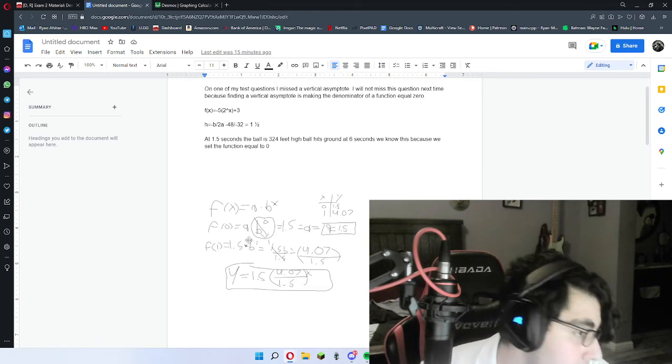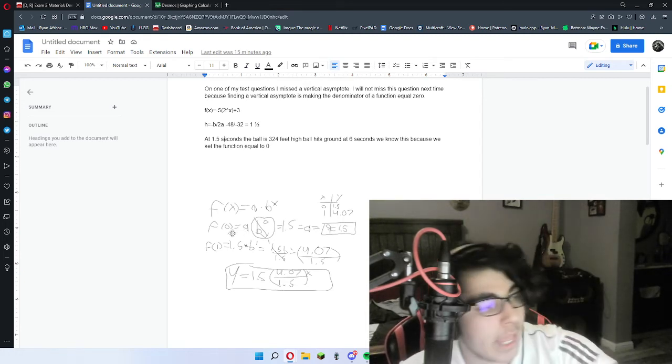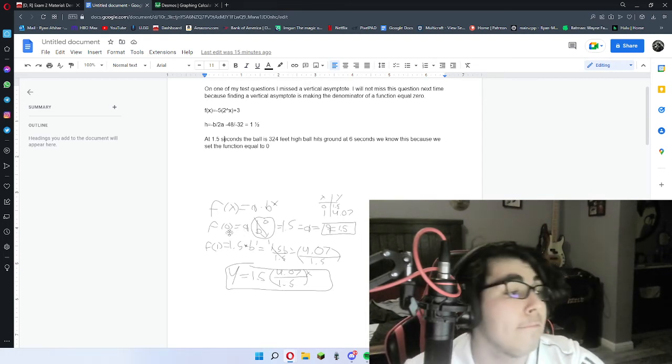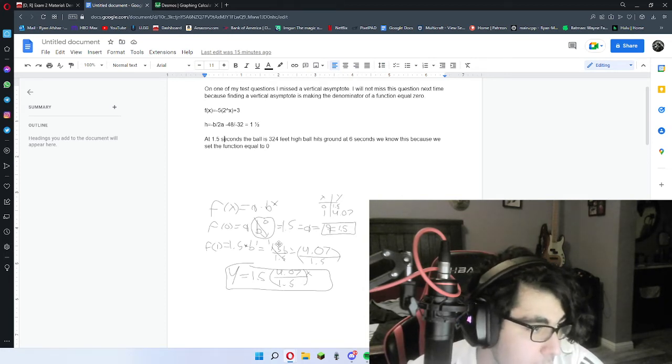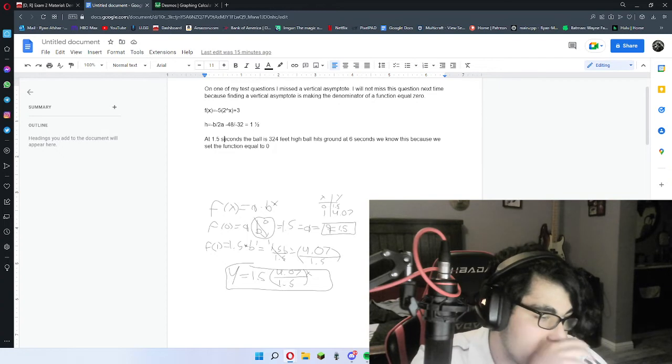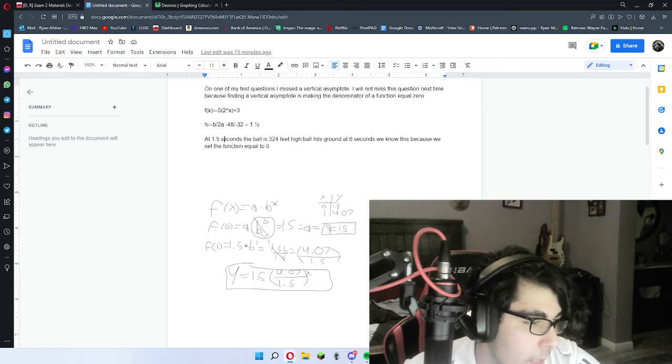And then to solve for b, I did f(1). I put a back in, as 1.5. And then b to the power of 1 is just b. So it's 1.5 times b, but then over 1.5, and that ended up equaling 4.07.